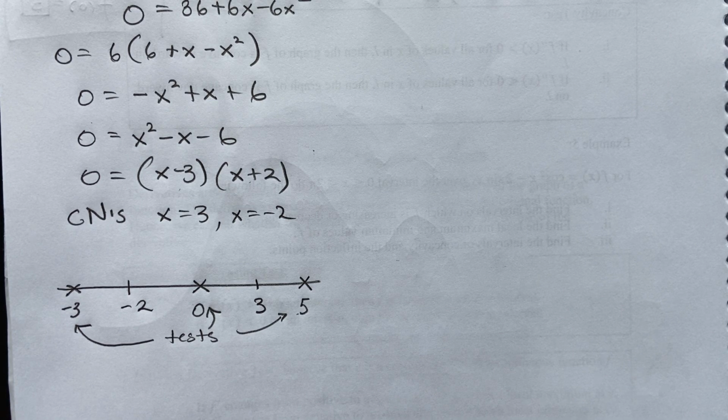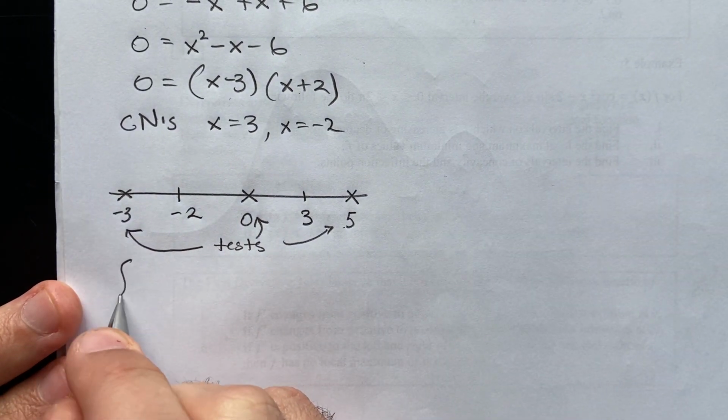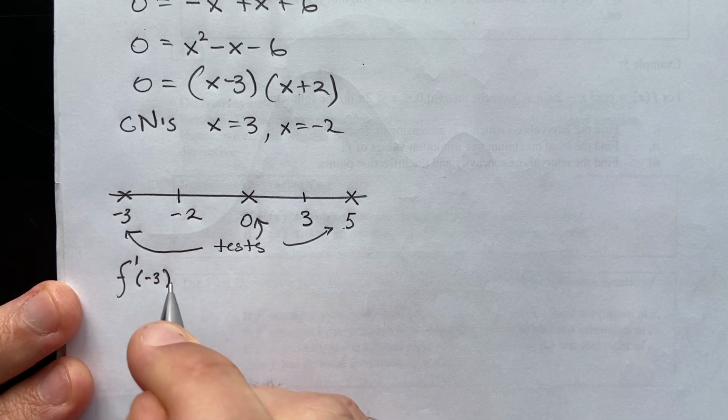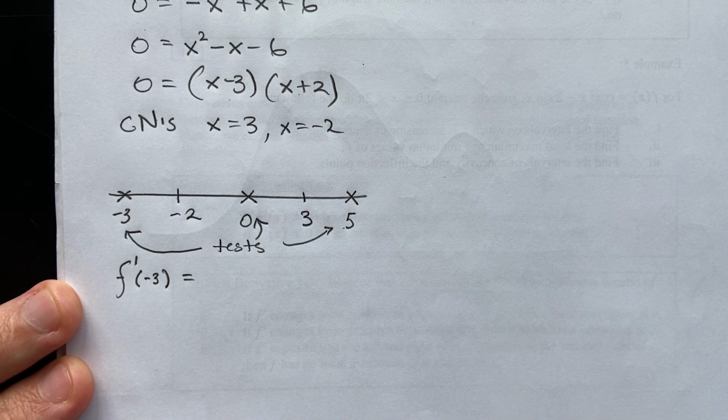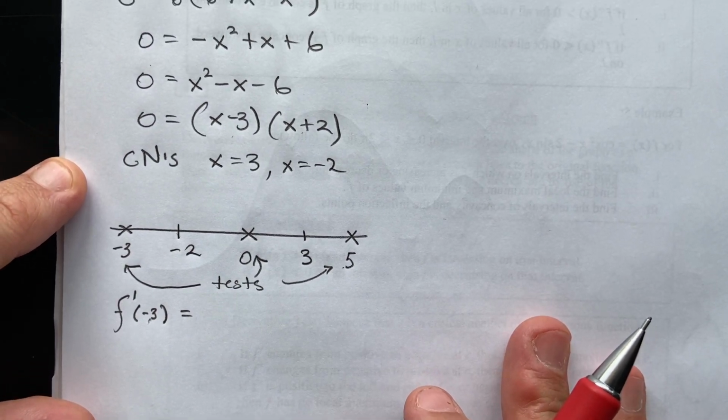Okay. So now actually plugging those into the first derivative. So we have f prime of -3, and I'm plugging -3 into the derivative.